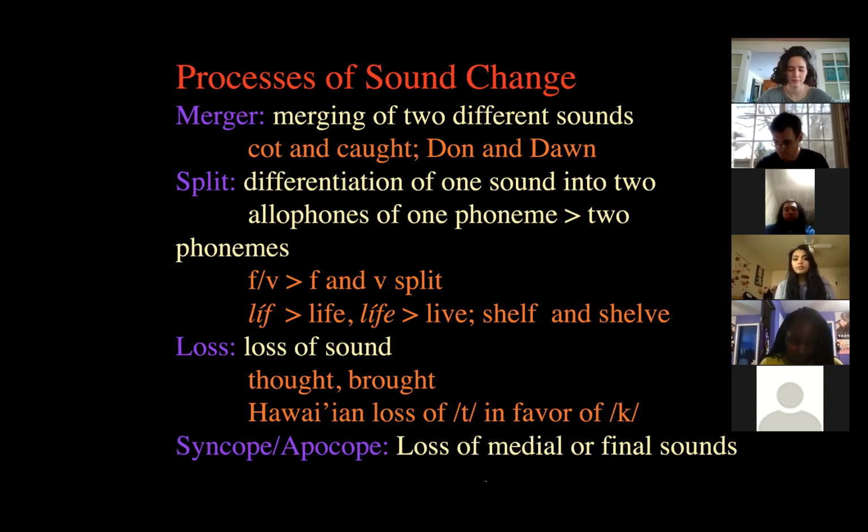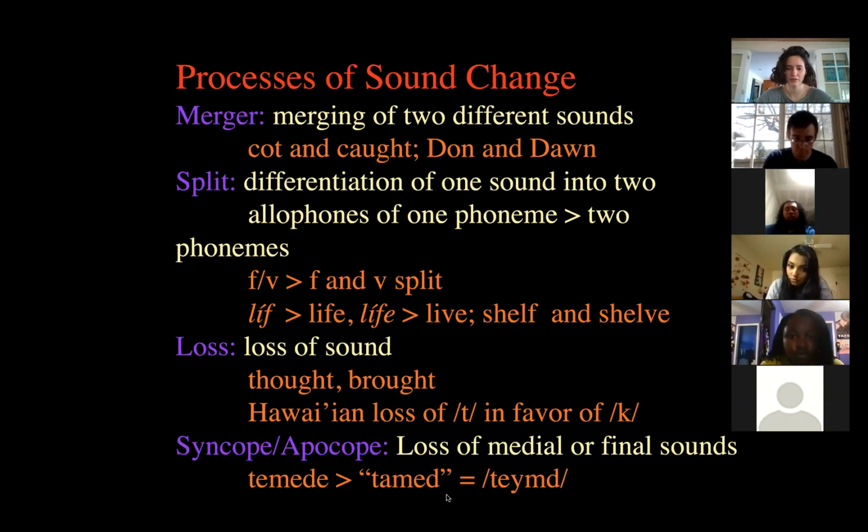One more. So there's another group of them called syncope and apocope, where you have the loss of the medial or final sounds. And that is basically like the word, can anybody say T-A-M-E-D for me? Tamed. Tamed, as in a tamed shrew. I tamed a lion. Okay, but it used to be actually pronounced temede, temede.